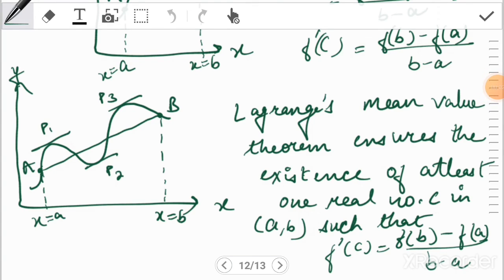That means there may exist more than one point between A and B where the tangents at those points are parallel to the chord AB.